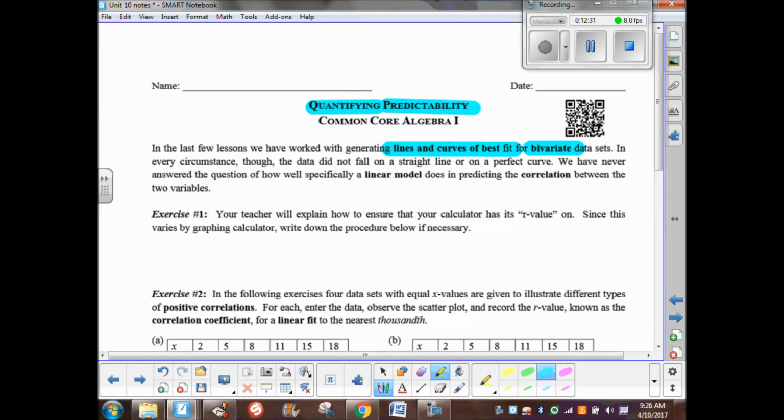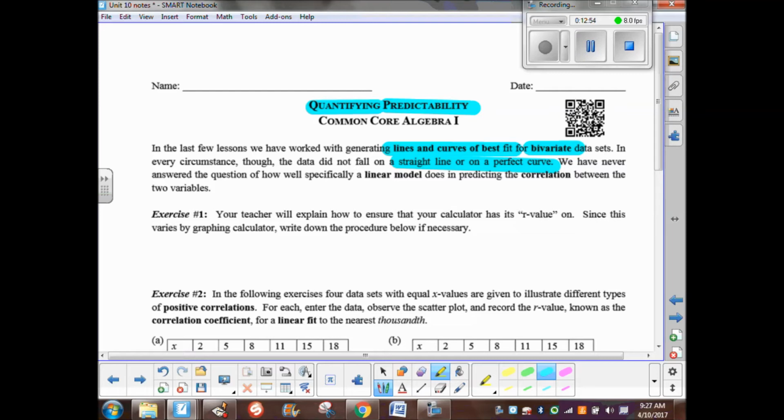In every circumstance, though, the data did not fall on a straight line or a perfect curve. None of the data that we looked at, when we put it in the scatter plot, was exactly in a perfect straight line, or exactly an exponential or quadratic equation. It was close.